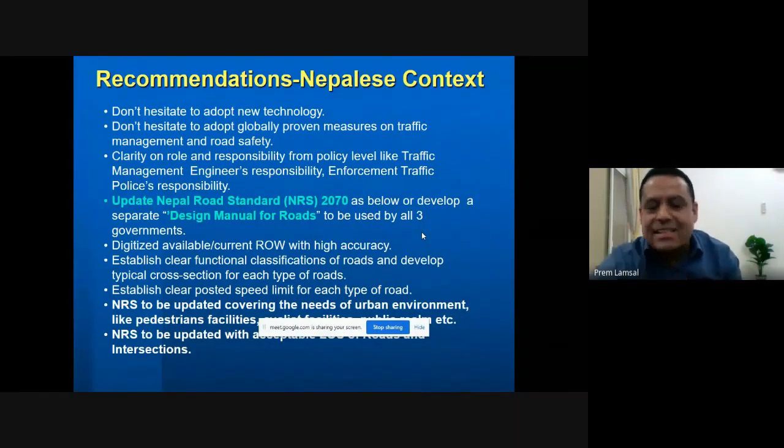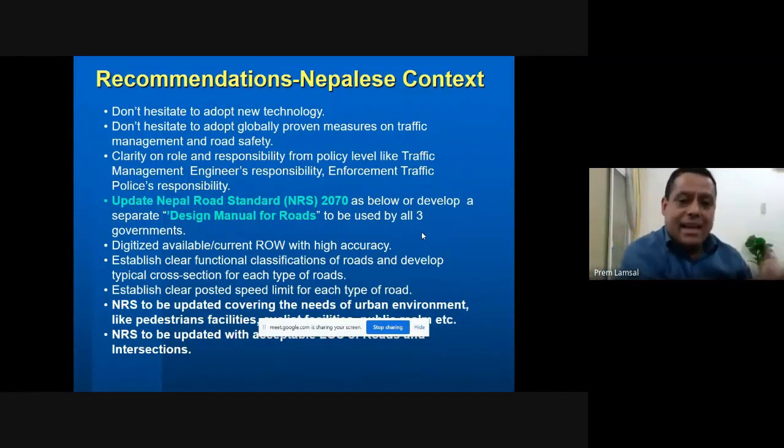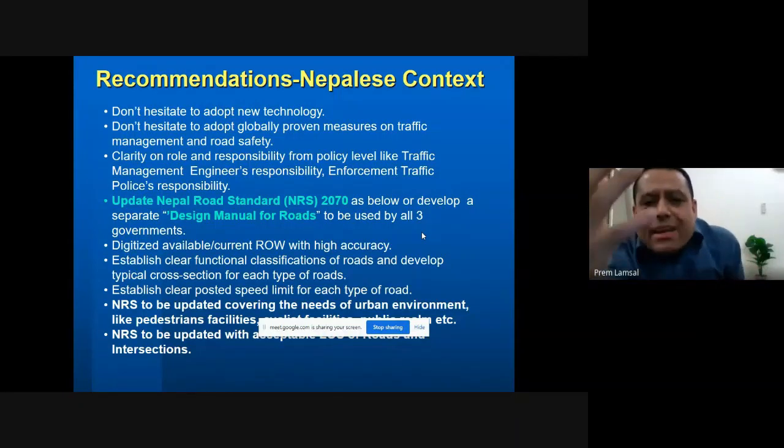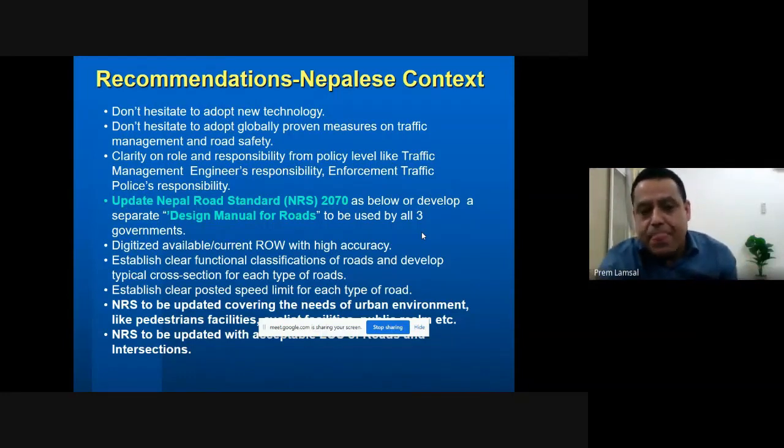In fact, we can see the result throughout the year in the accident numbers, and during the rainy season we can see the actual situation, because our municipalities and local governments don't have that capability. They should be given standards to be followed. It should be designed like this, go to the maximum gradient like this, if the soil type is like this, go for this type of retaining wall, go for this type of longitudinal gradient. Somebody has to give this standard to our local bodies or our federal government.